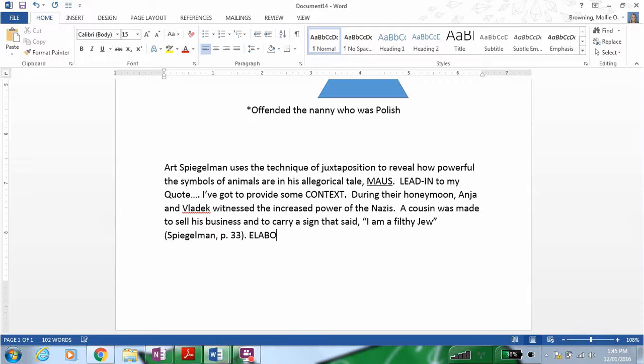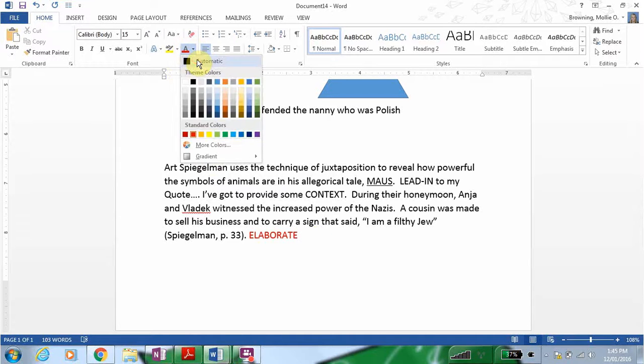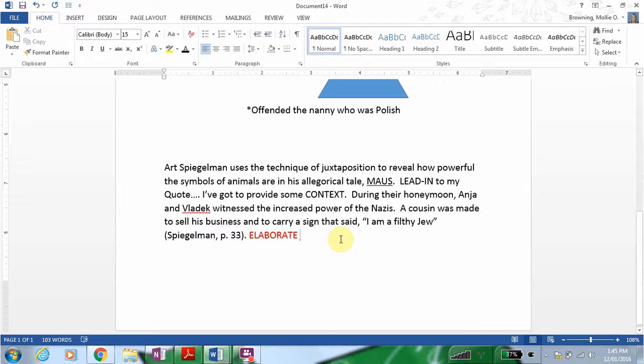Now I've got to elaborate on this. Elaborate on, so what? So what he said this. I've got to also mention juxtaposition because that's the whole thing I'm proving. Behind the sign, Spiegelman has included the Nazi symbol in a spotlight.